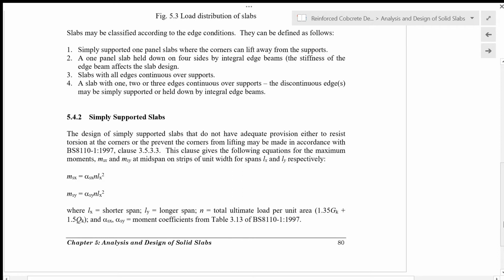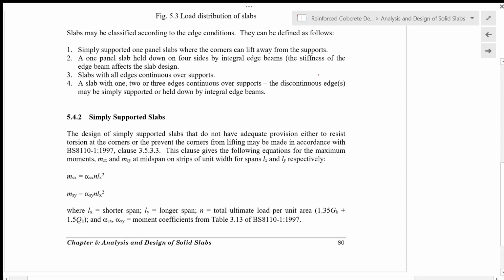In this case, we call it a restrained slab, which we will look at the design of later. Then slabs with all edges continuous over supports, and the fourth type is a slab with one, two or three edges continuous over supports, and the discontinuous edges may be simply supported or held down by integral edge beams.